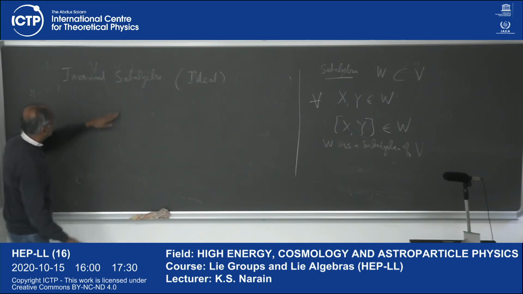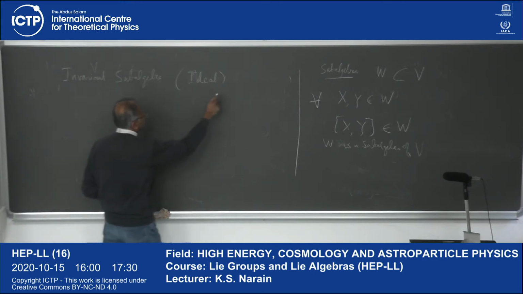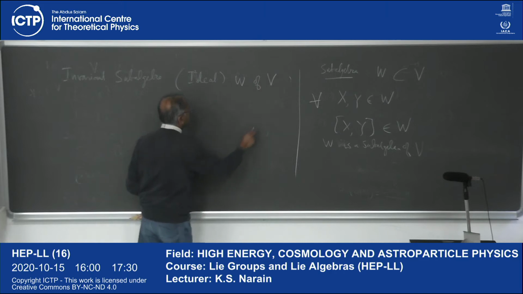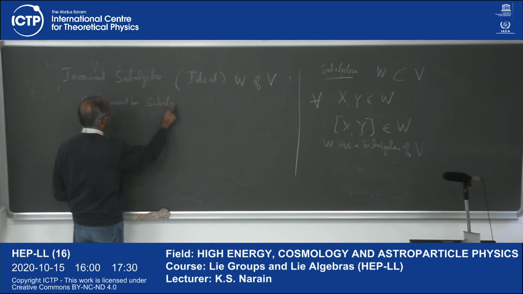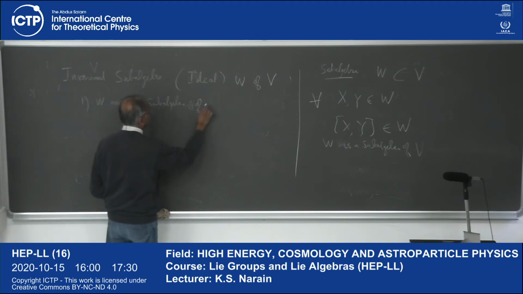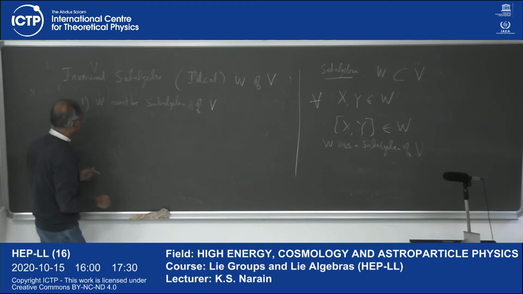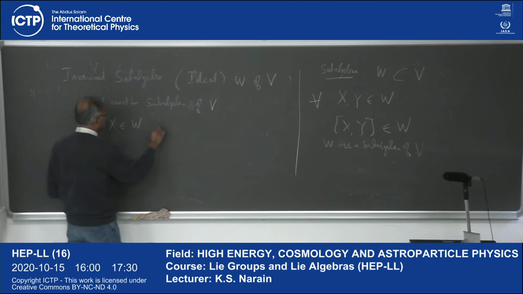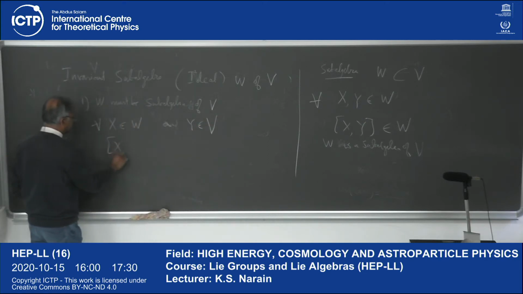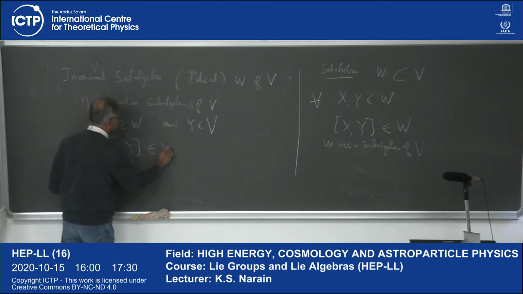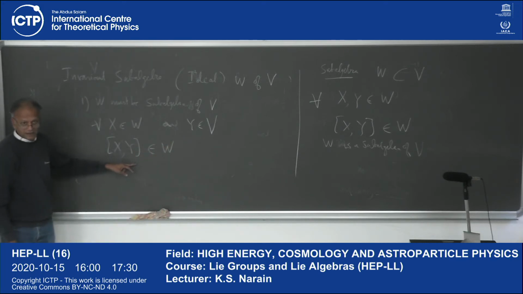So what it means is this: take an invariant subalgebra W of V. First of all, W must be a subalgebra of V. But there is a further condition: for all X belonging to W and all Y belonging to V, the commutator of X and Y is in W. This is a much stronger condition.